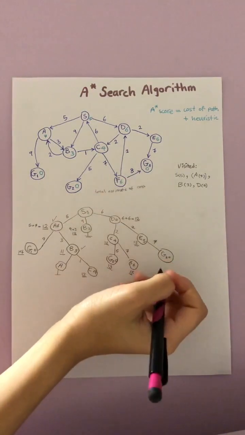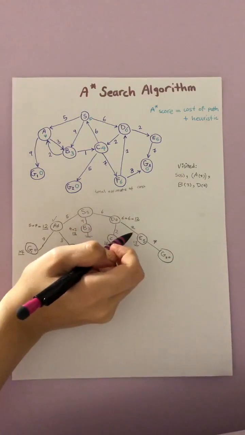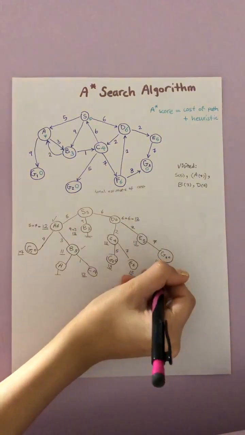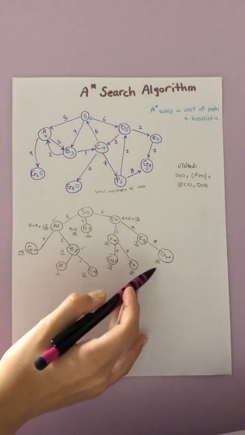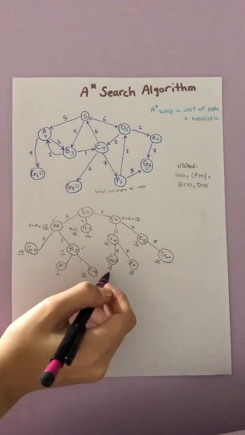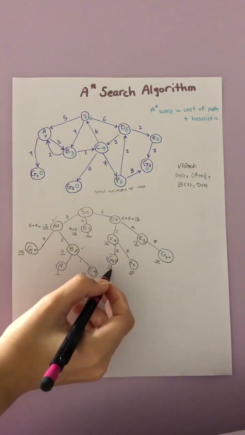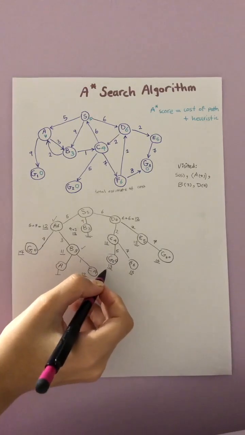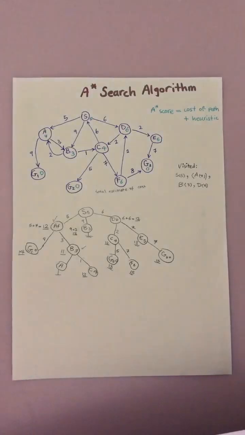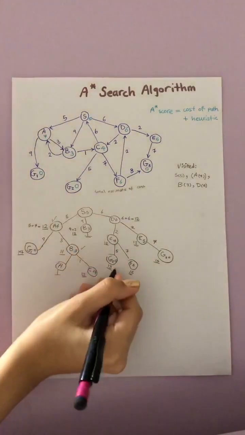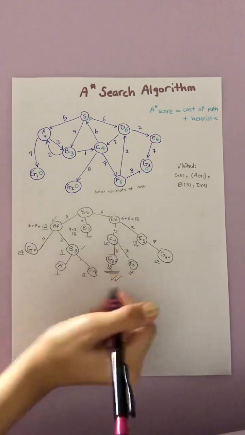And if we explore this, this will be like 6 plus 2, 8 plus 7, 15. And we see we already visited this, and again we have to go for G2. Since it has the minimum cost of all of the branches that we have seen, this will be our choice. So this is the correct answer.